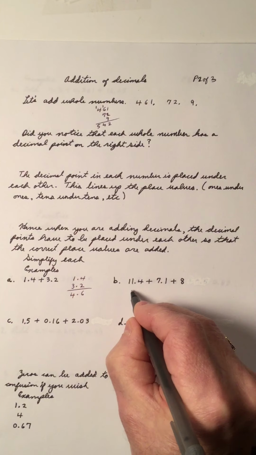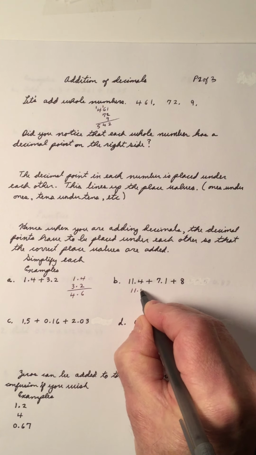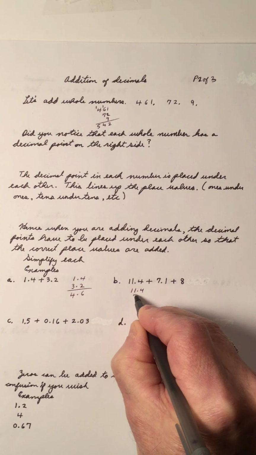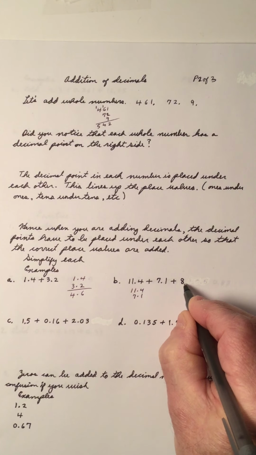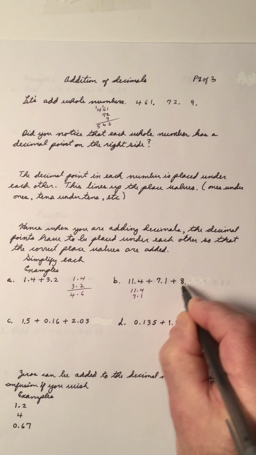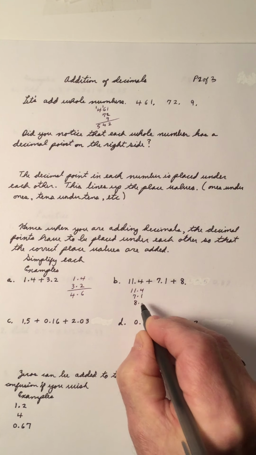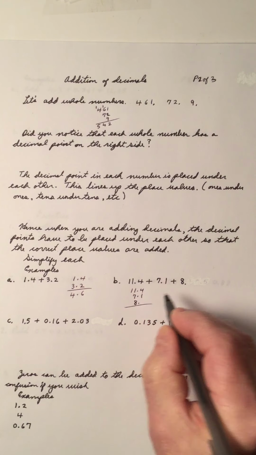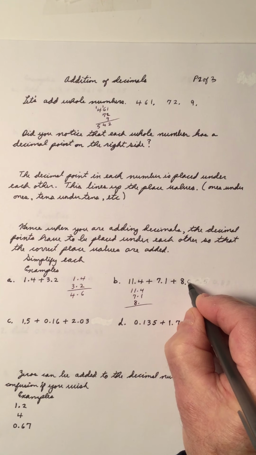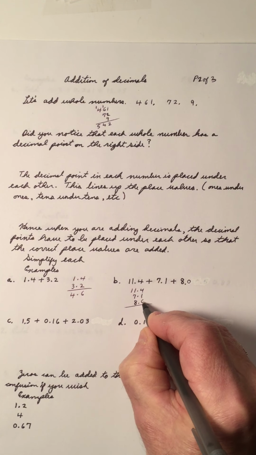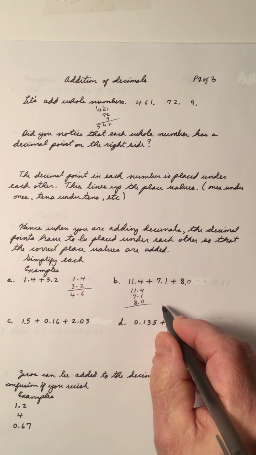So when we add these up, we write down 11.4 first, then 7.1, so there's a 7 and a 1, and an 8 has a decimal on the end, so the 8 goes right there. We can put the decimal in the 8 if we want. Notice the 8 can also have a 0 here because the 0 is not necessary to put in, but if we put the 0 in, then we have them all lined up.